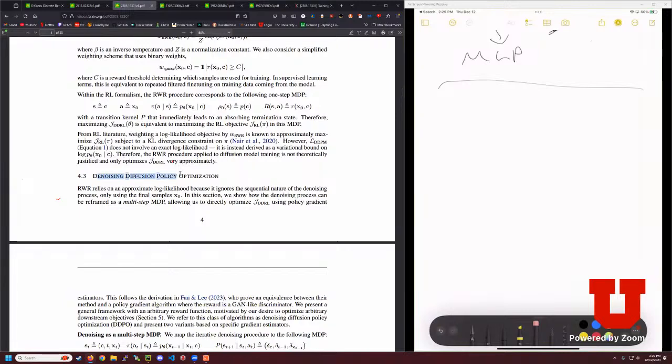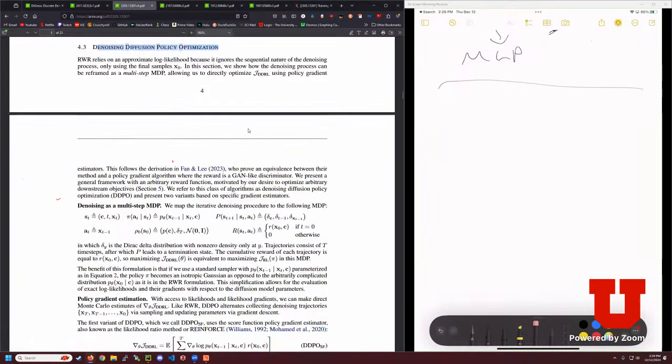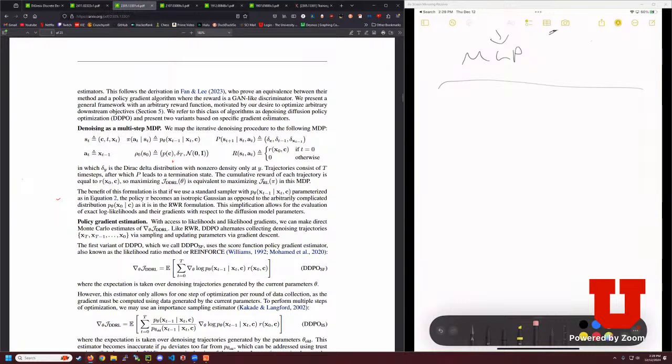Yeah. So the big thing is that they do a denoising diffusion policy optimization now, where they're basically showing that you can train at each step of diffusion rather than just the final step, based on the final reward and the current step you are in the process.